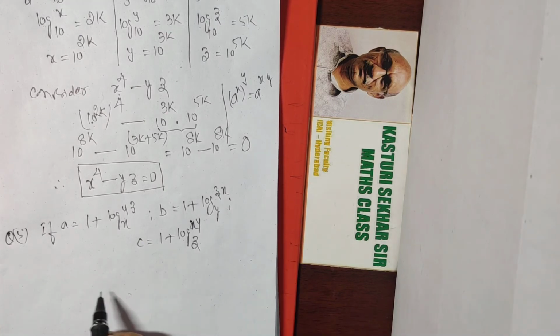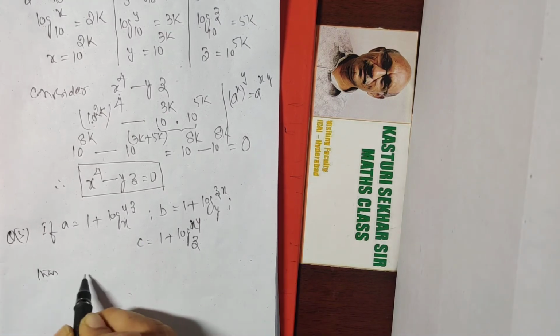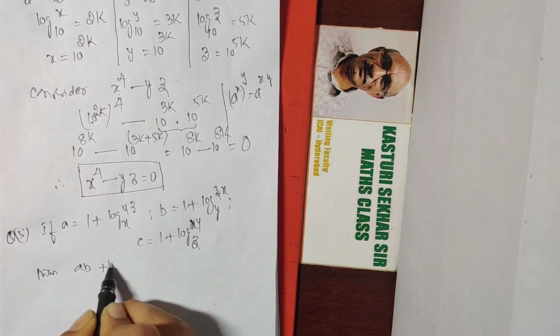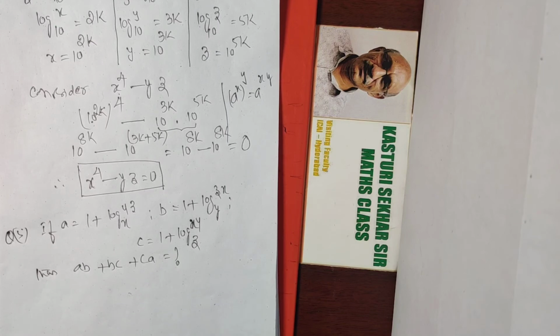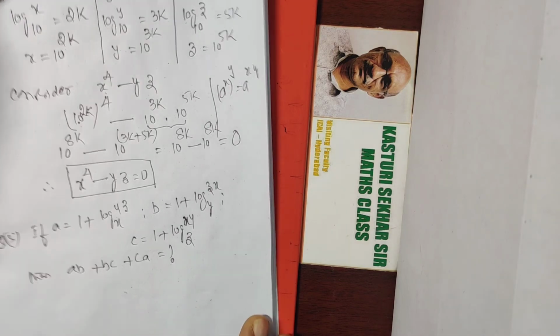Then ab plus bc plus ca is equal to question mark. This is my question.